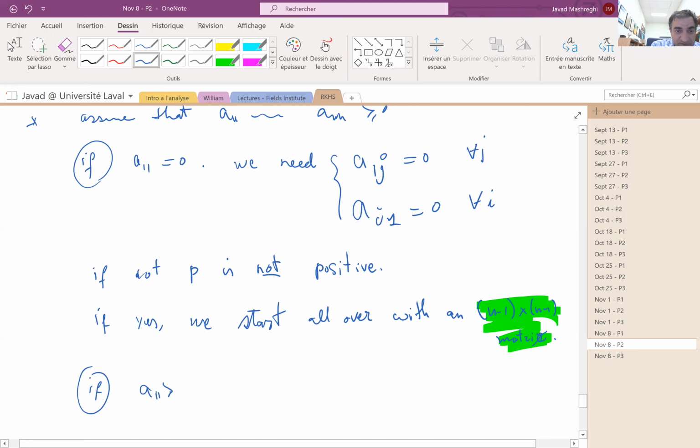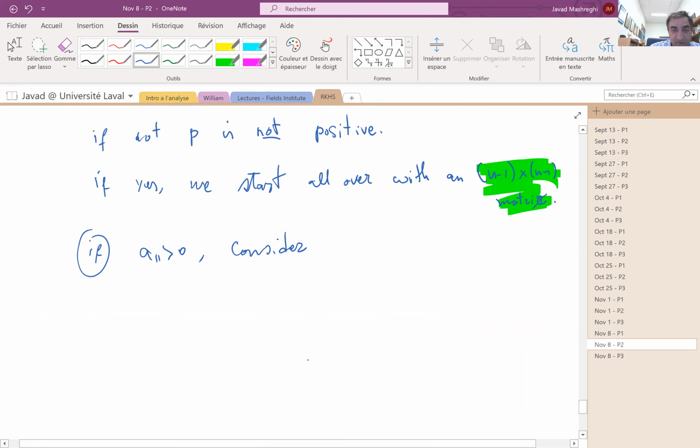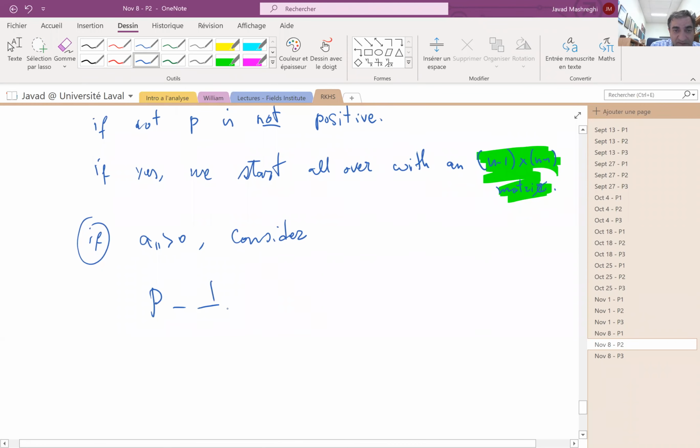If not, if A11 is strictly bigger than 0, consider the matrix P minus (1 over A11) C1 C1 star. We consider this. We know P minus 1 over A11 C1 C1 star is positive.